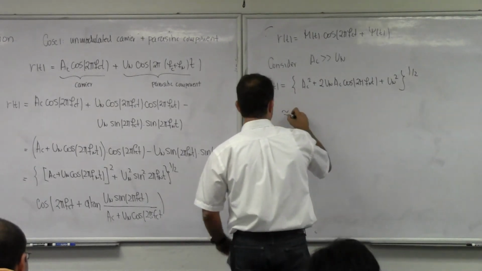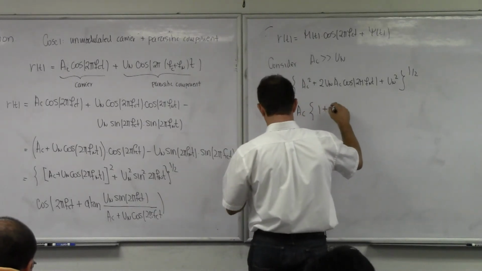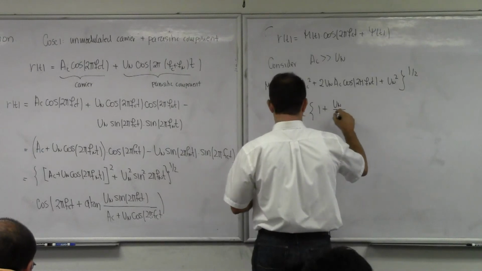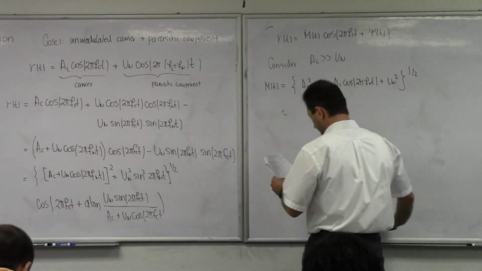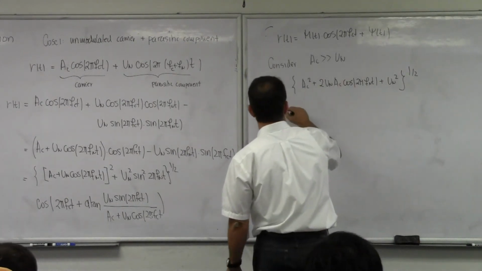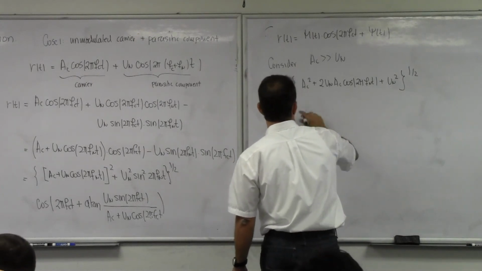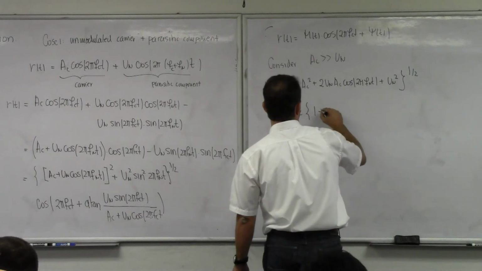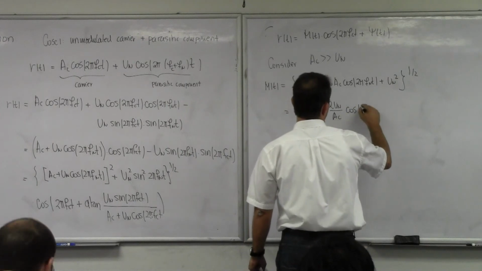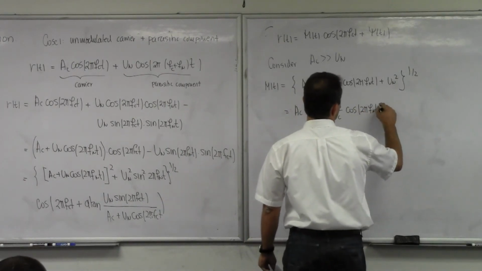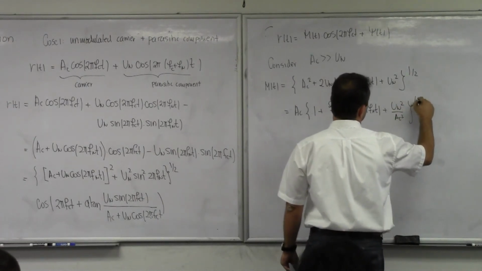I can say this is approximately equal to AC times the square root of 1 plus 2 UN over AC cosine of 2 pi Fn t plus UN squared over AC squared.